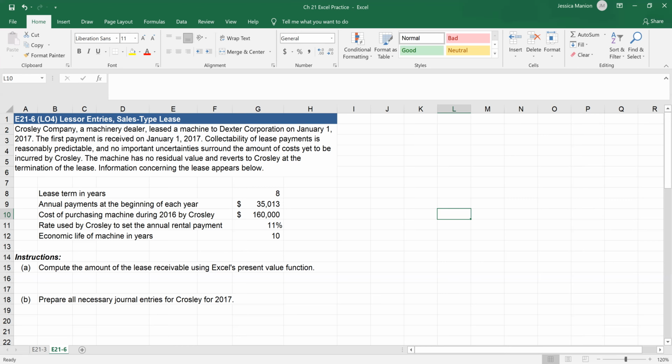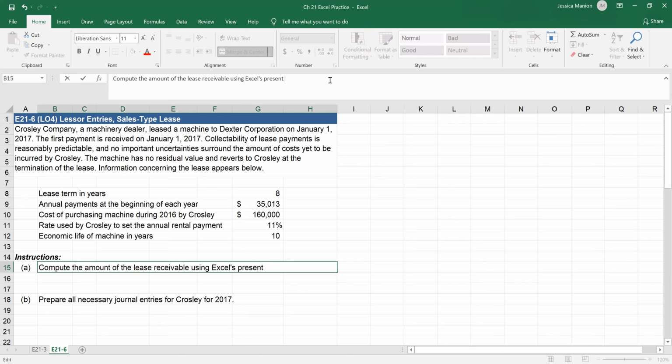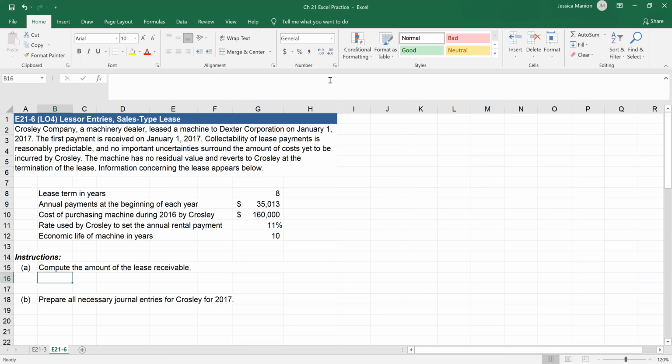So compute the amount of lease receivable. We're not going to use Excel's present value function; we're just going to use our tables like we're used to doing. So we've got annual payments of 35,013 times the present value factor.